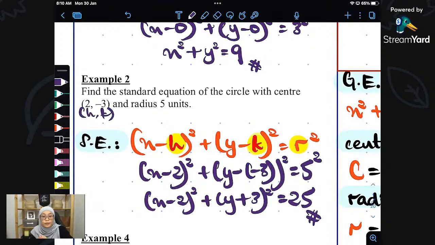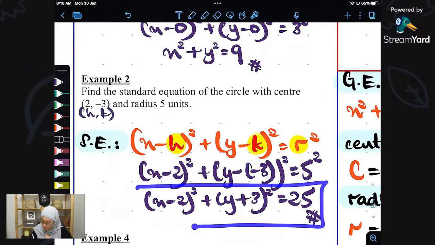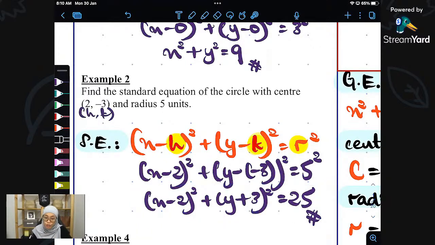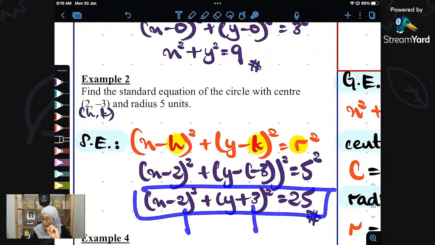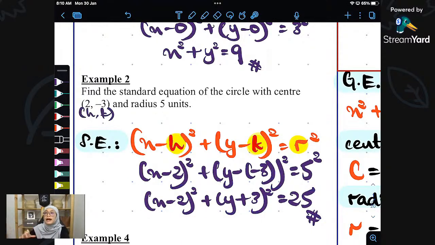Okay, so that is the equation of the circle. So this equation of a circle is a bit longer because the coordinate of the center has a value, not at the origin. It has different coordinates. I mean the center here. So with different positions of the center, the equation of the circle is different. Okay, so I hope you understand.